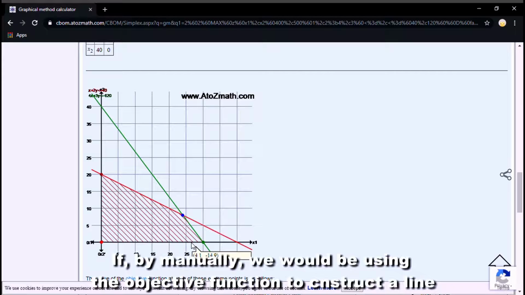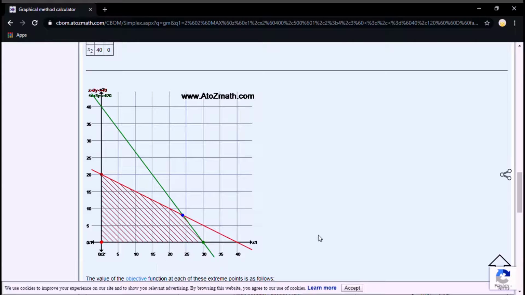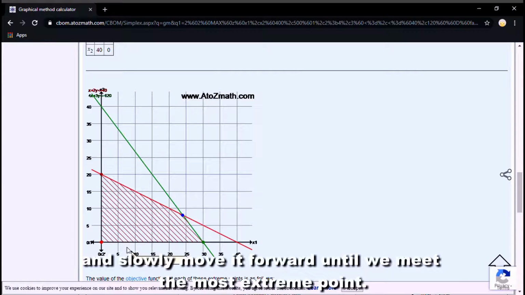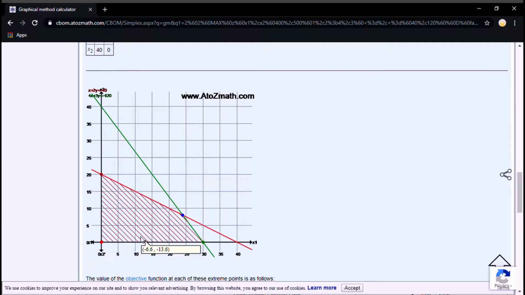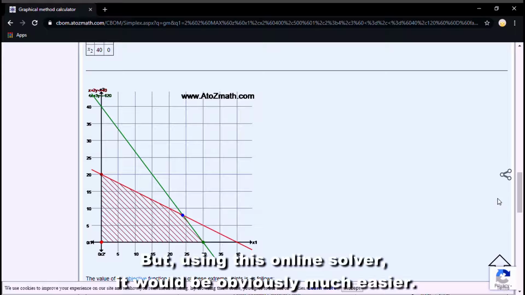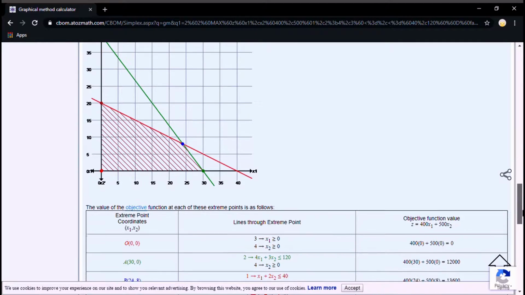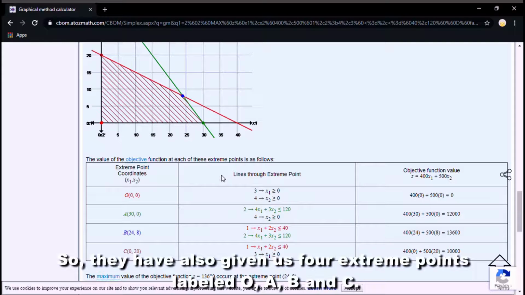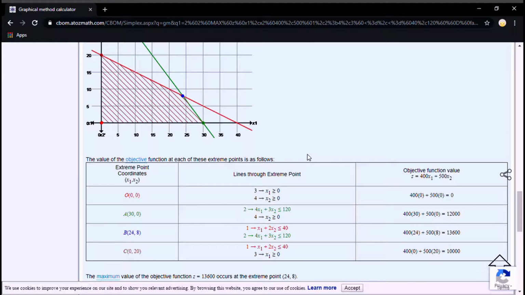If done manually, we would use the objective function to construct a line and slowly move it forward until we meet the most extreme point. But using this online solver, it would obviously be much easier. So they have also given us 4 extreme points labeled O, A, B, and C.